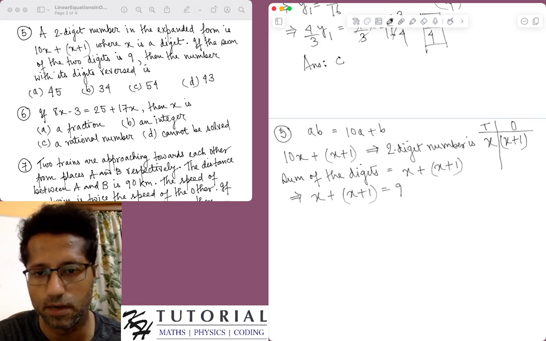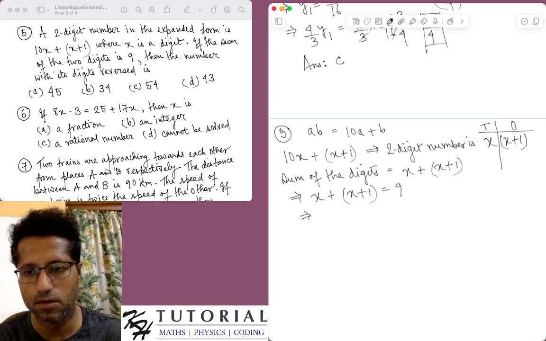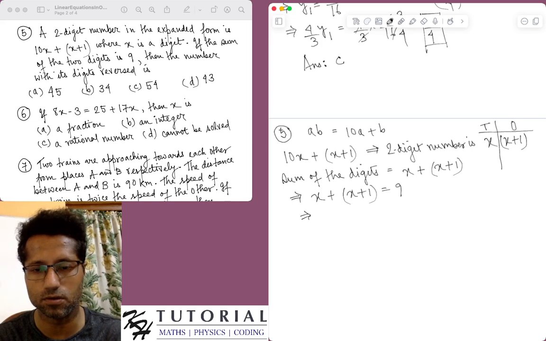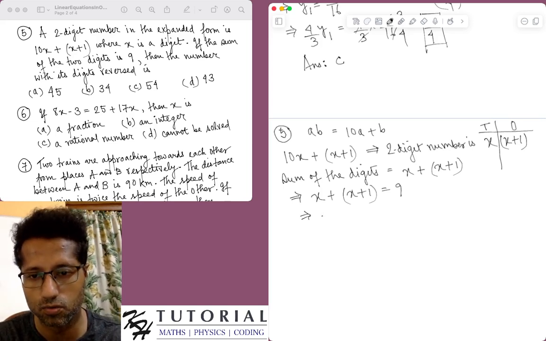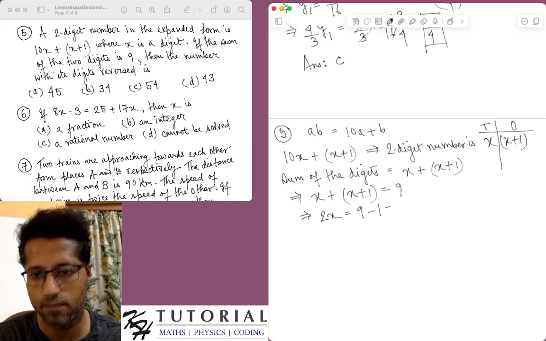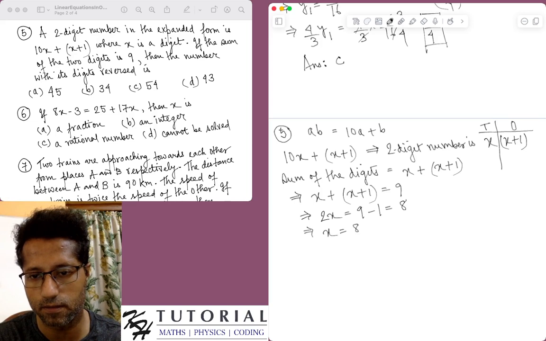If we solve this linear equation, we keep the variable terms, that is all the x terms, on the left hand side, and bring all the constants to the right hand side. We get 2x equals 9 minus 1, that is 8. From here we find 2x is 8, so x is 8 divided by 2, that is 4.